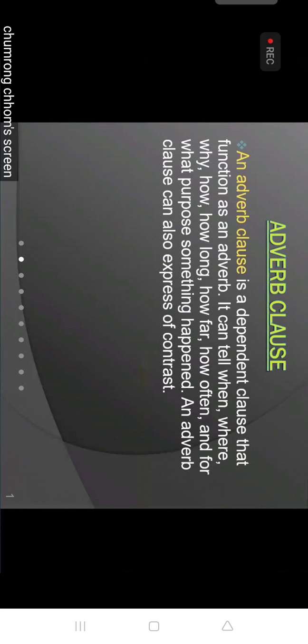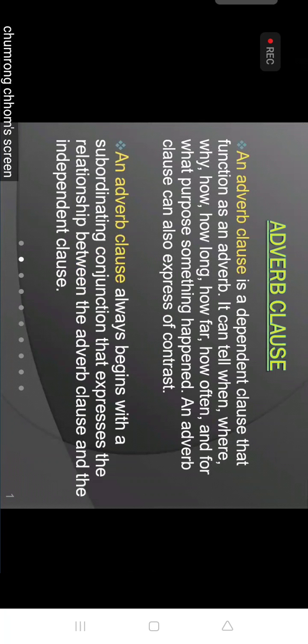So when we're talking about adverb clauses, we always care that there are two main kinds of clauses, right? We have main clause and sub clause, or we can say independent clause and dependent clause. The adverb clause is a kind of dependent clause that functions as an adverb, and usually it begins with a subordinating conjunction.